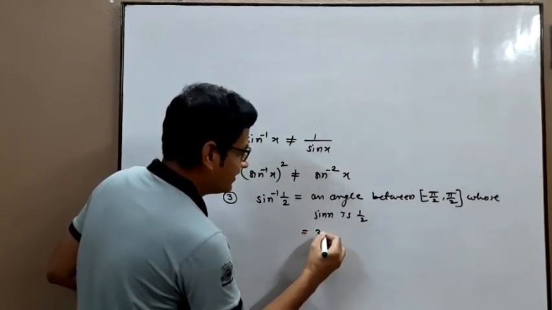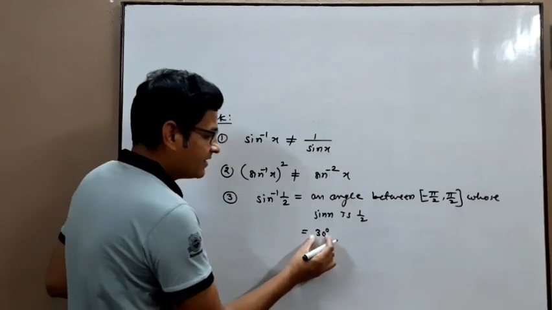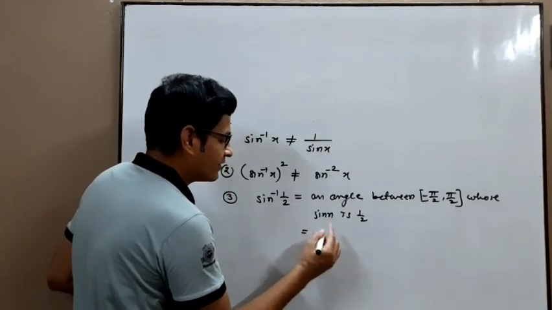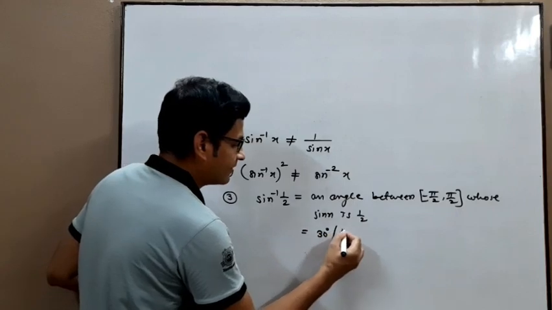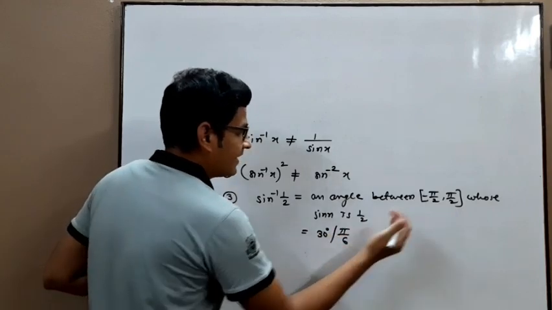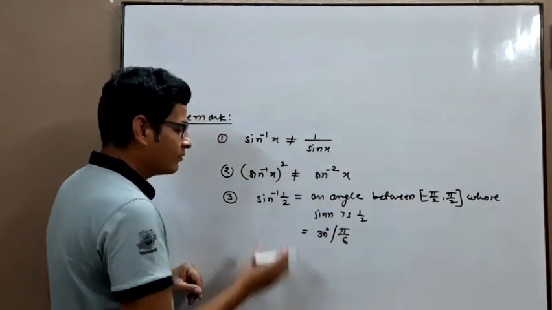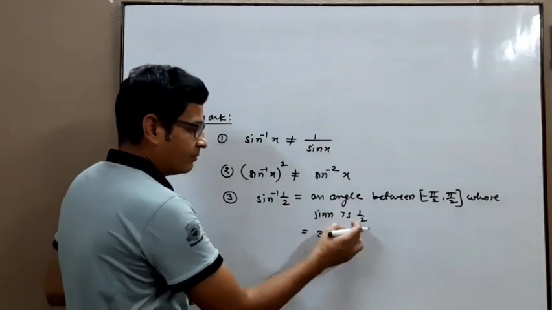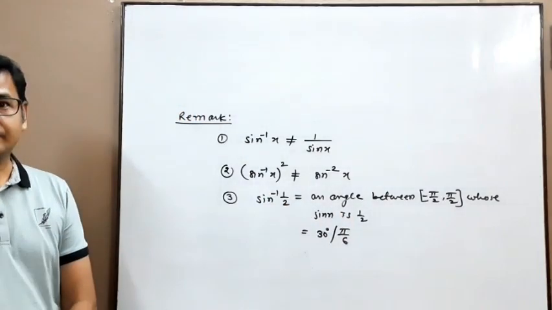So the answer is 30 degrees. We all know 30 degrees means π/6, and we can use 30 degrees or π/6. π/6 lies between -π/2 to π/2 and its sine is 1 by 2. In the next lecture, we will cover the properties of inverse trigonometric functions. Thank you.